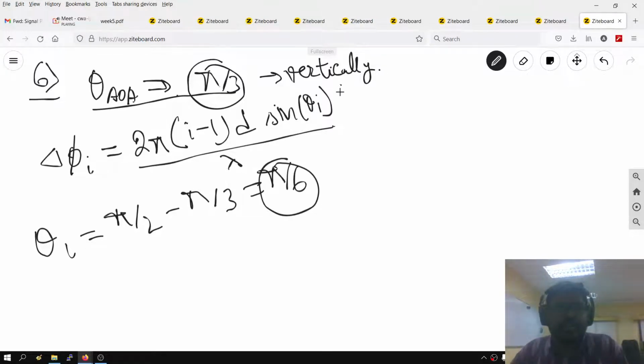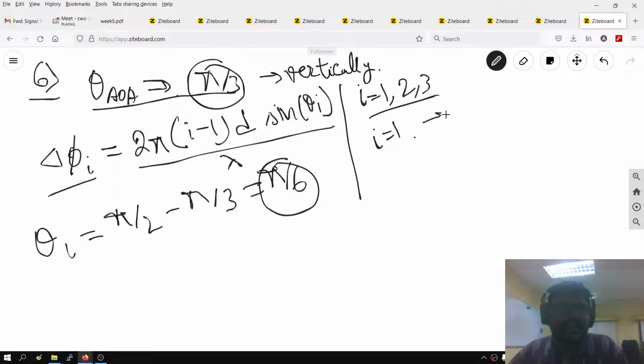So if we substitute i equal to 1, 2, 3: for i equal to 1, what does phi become? i minus 1 is 0, so phi 1 is 0.